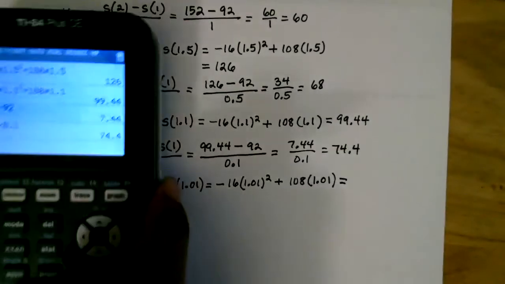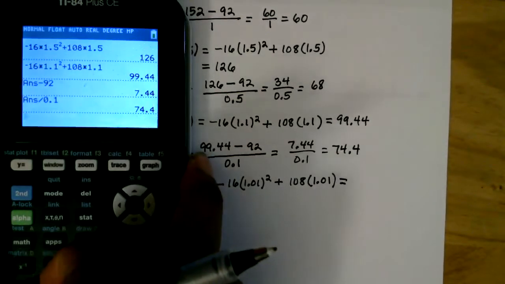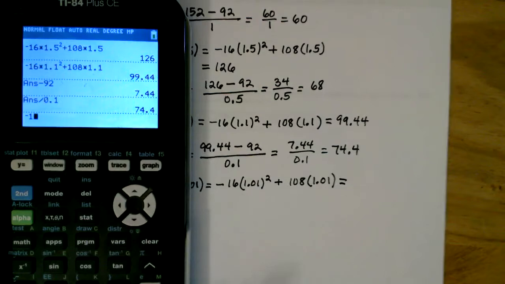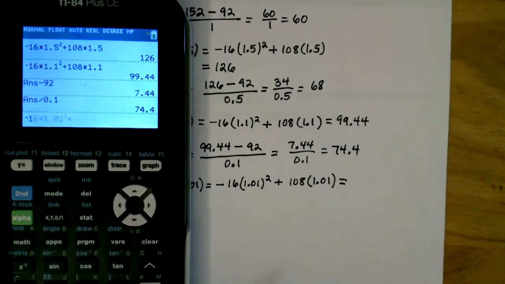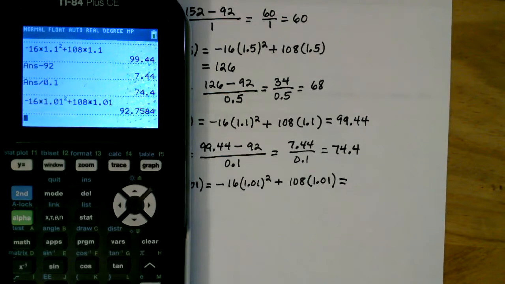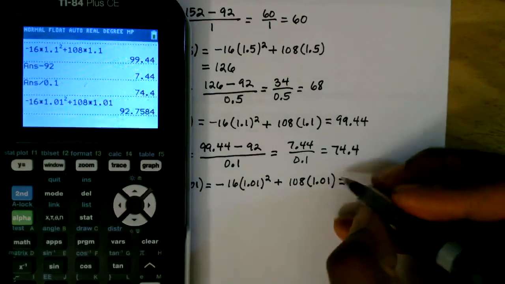Let's find out what that's equal to. All right, negative 16 times 1.01, and that's squared, plus 108 times 1.01. This will be 92.7584.